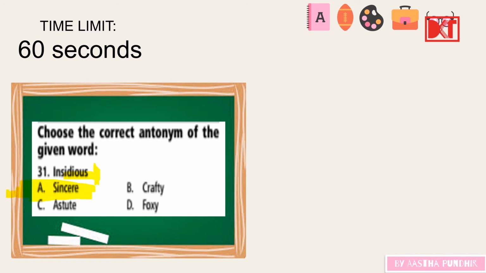The others here, crafty, astute, foxy, these could be synonyms in this sense that all these refer to something that's clever and in a very subtle manner, doing something to their own advantage, something that has harmful consequences. Trying to do something to their own advantage, but in a very subtle manner. That could be insidious, crafty, astute, or foxy. Okay.